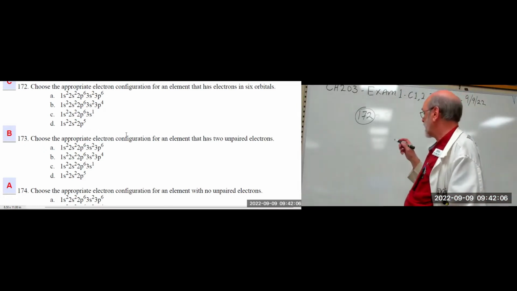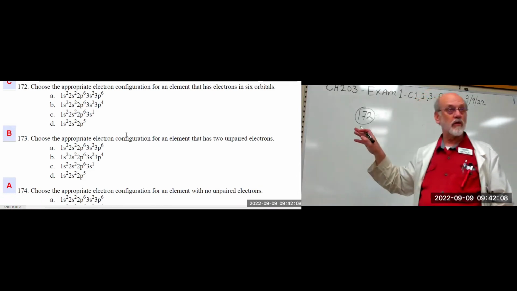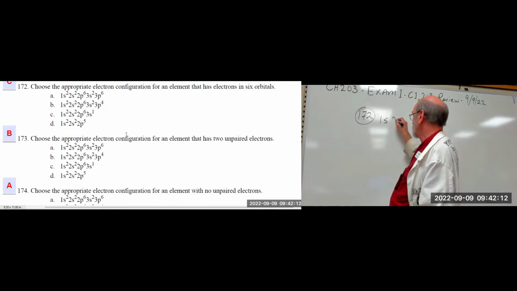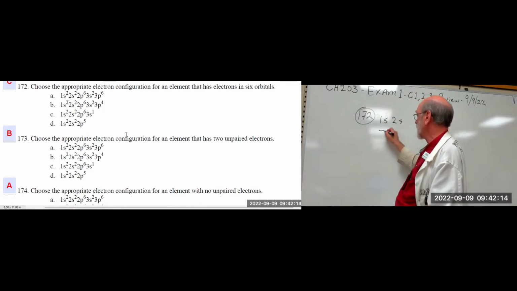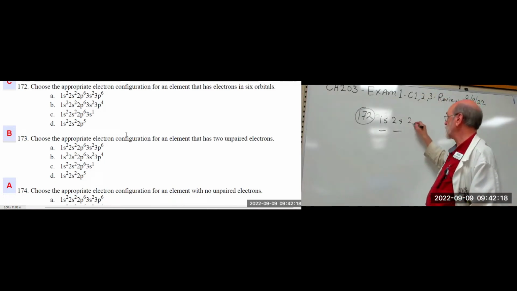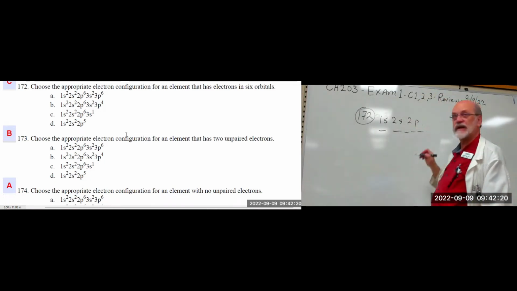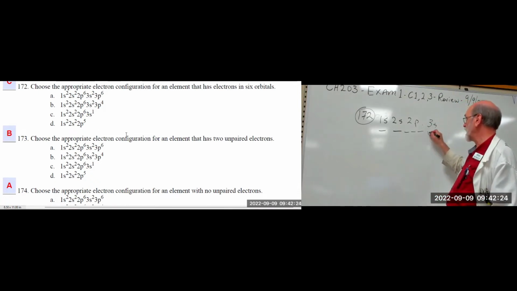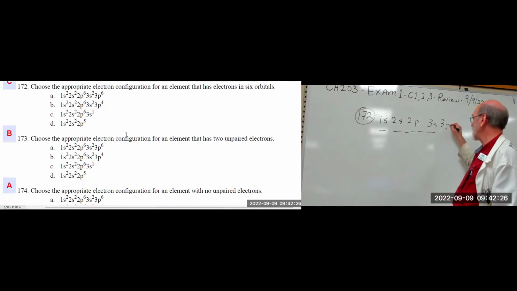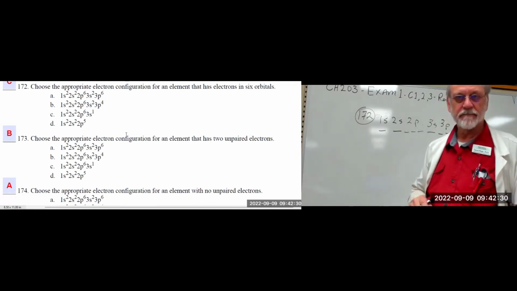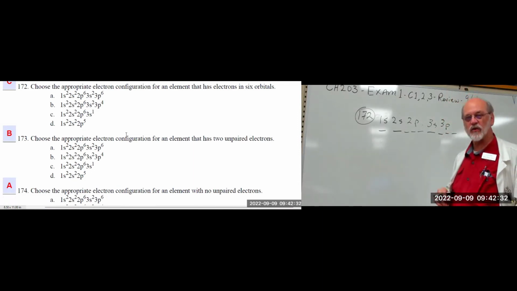I think what we're getting at here, we need to show the suborbitals. Right. We have 1s, 2s, and these only have 1 level in them. 2p has 3 levels. Okay. Then 3s has 1 level, and 3p has 3 levels. Electrons in 6 orbitals.